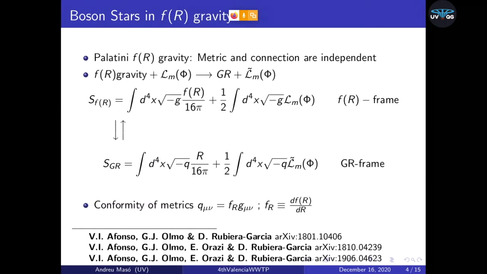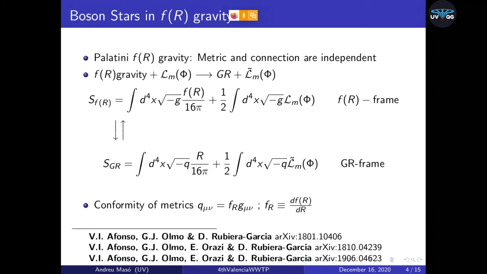We will explore f(R) theories, since they offer a large amount of freedom while keeping the field equations within reasonable limits of simplicity. Moreover, we will use Palatini f(R) theories, where the metric and connection are two independent objects.